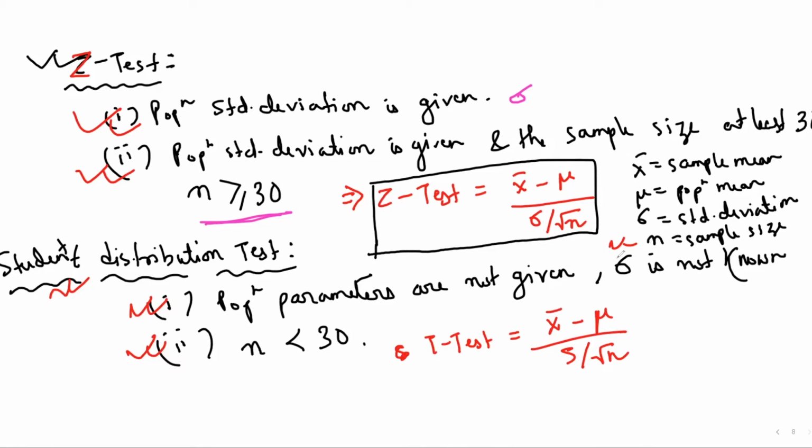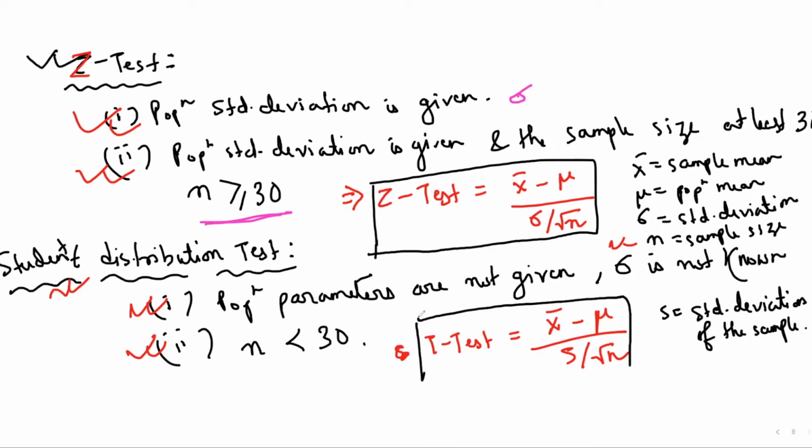All the terms are the same: x bar is the sample mean, mu is the population mean, and instead of sigma, we have S, the standard deviation of the sample itself. In this case, we don't know the population's standard deviation. We know the standard deviation of the sample, which we take out from the population. And n is obviously the sample size. So these are the formulas to calculate the Z test and the T test.